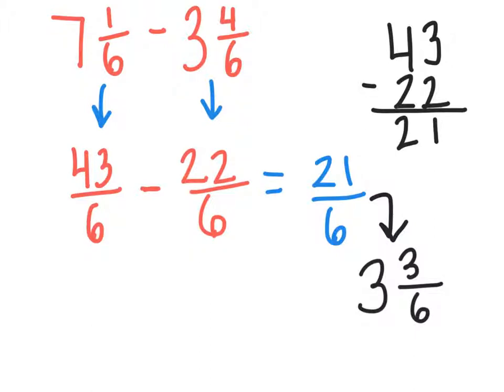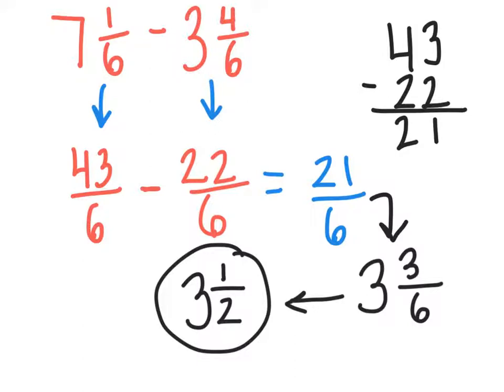You have the option to then simplify that fraction, which means that our whole number doesn't change. It will always be 3 wholes. But can you reduce 3/6? It goes down. If you listed out your factors, you would find that 3 out of 6 is also equal to 1/2.